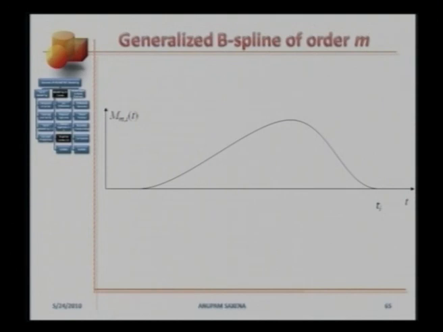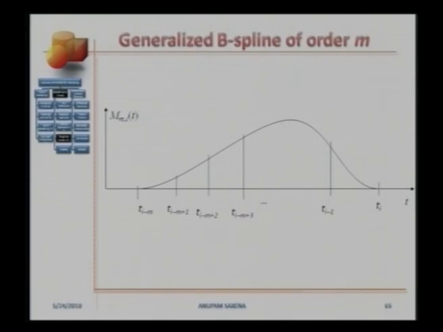So T_i on the right is the last knot, and T_(i-m) on the left is your first knot. All the other intermediate knots will be T_(i-m+1), T_(i-m+2), T_(i-m+3), and so on up till T_(i-1).